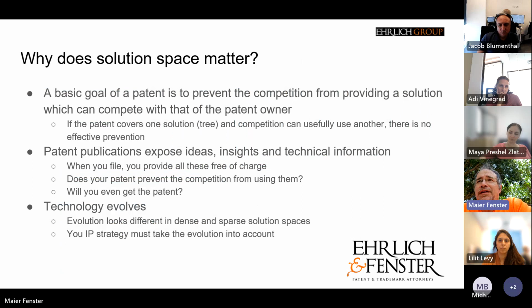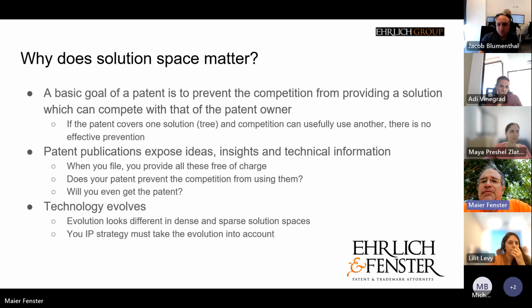So why is this? Well, if we look at a basic goal of the patent as preventing the competition from providing a solution that can compete with you, then if you're in a field where you have lots of solutions and you covered one of them and the competition can find another one, the patent is not very useful.